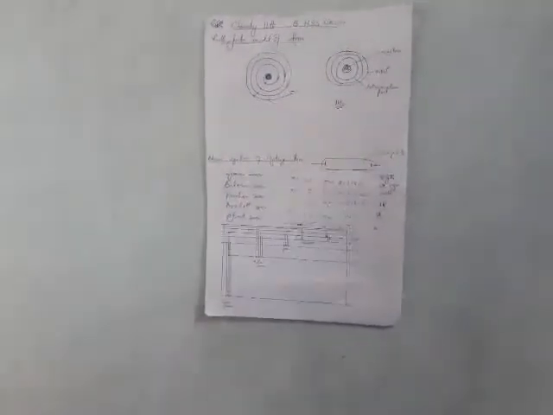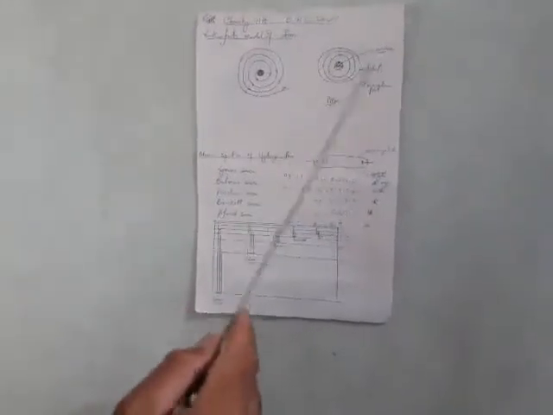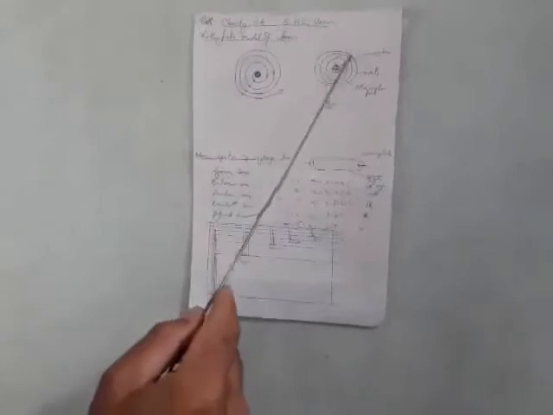Now, the sixth point of Rutherford's model of atom is that, according to him, these electrons revolve around the nucleus in this extranuclear part in circular orbits.